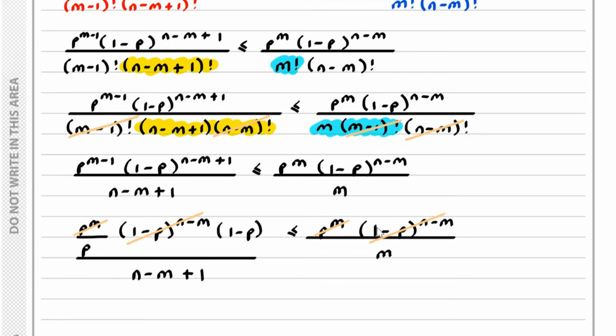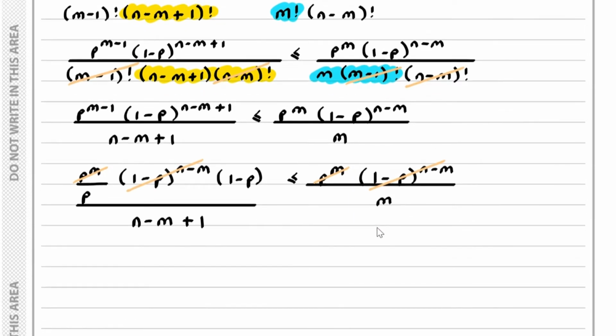And therefore, on the left hand side, we have 1 minus p divided by p divided by n minus m plus 1. This is less than or equal to 1 over m.